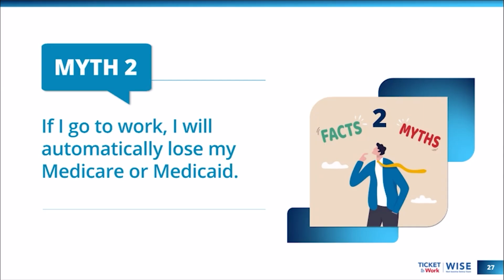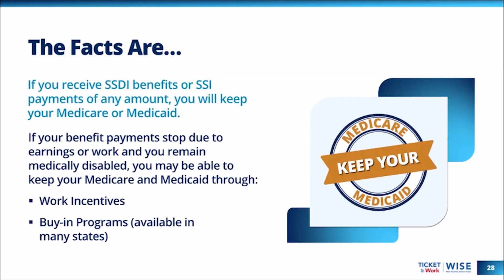Again, you have to remain disabled, according to the Social Security Administration. But if your SSI is terminated because of earnings, you're going to keep your Medicaid. And there are lots of fabulous healthcare programs out there that are going to keep a worker's benefits in place for a very long period of time.